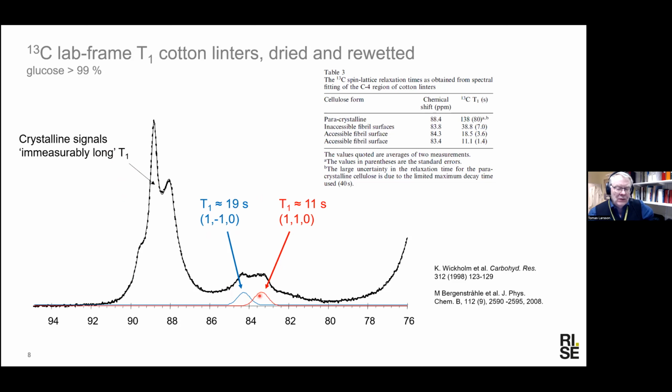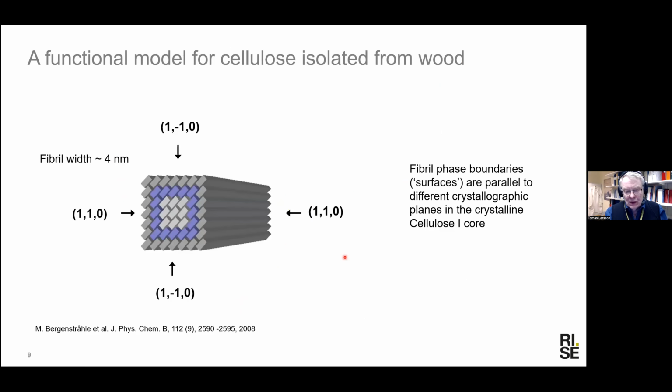And if you remember, these are the signals that come from the envelope of the fibril aggregate, or from the different fibril surfaces, so to speak. So that's interesting, and it's also an indication that supports the interpretation we use.